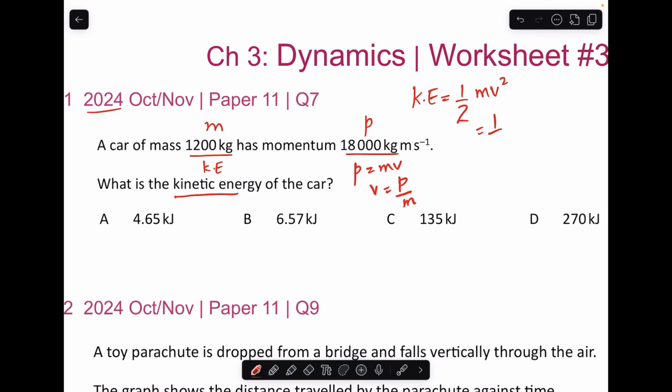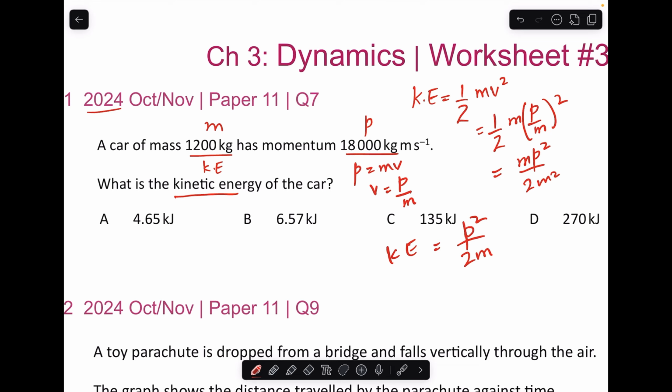It will give you 1/2 m, and in place of velocity you can put p over m, and there is a square on it. It will give you m p squared divided by 2m squared, which leads to p squared over 2m. Okay, that is kinetic energy.